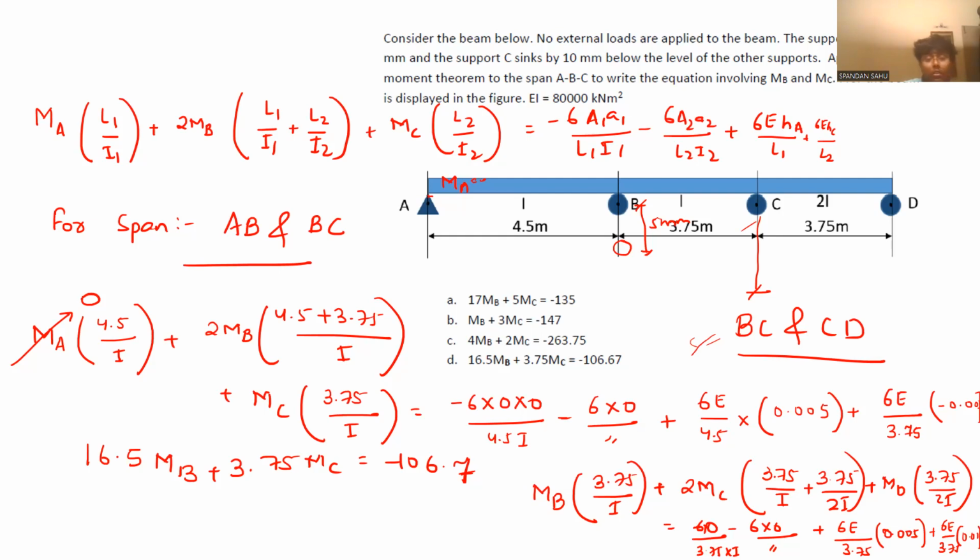Because B is already sunk by 5 mm, that's why you will get two spans. At a time, you can consider two spans. Go to the mid span. With respect to that mid span as datum, at which elevation the other two supports are there.